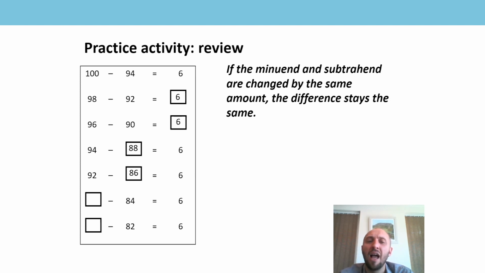So again, I understand that the subtrahend is given and that the difference is given. The difference is still 6. So if I see what's happened to my subtrahend, comparing it to either the calculation above or going back to that original calculation, I'm able to find out what that missing minuend is.